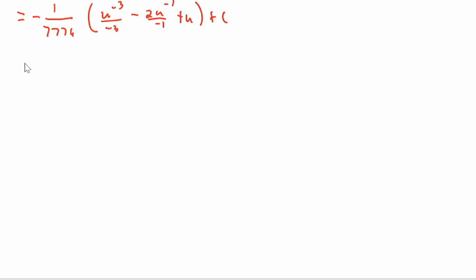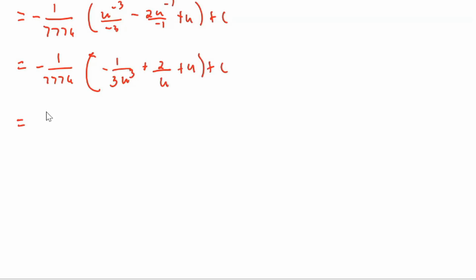So simplifying this further, we can write now the negative of 1 over 7,776 times, the meaning of this, we have negative of 1 over 3 u to the third power, negative 2 and negative 1, we have positive 2 over u to the first power, plus u plus a constant.